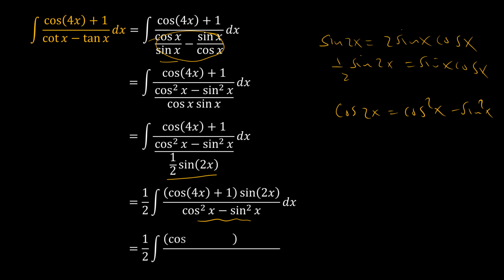And what that allows us to see is that the sine 2x at the top and the cosine 2x at the bottom will interact to form tangent of 2x, which is obviously interesting.